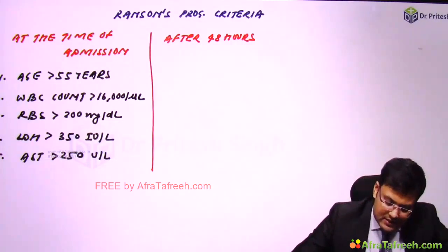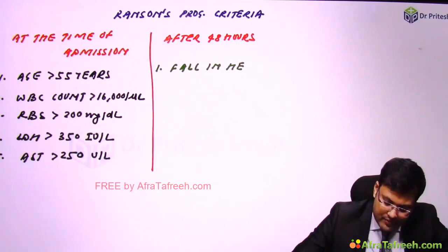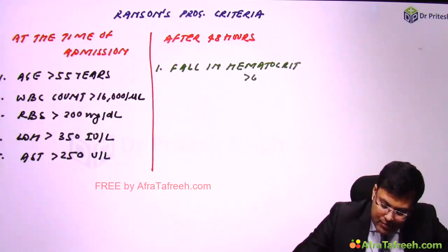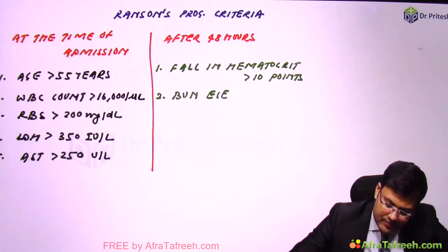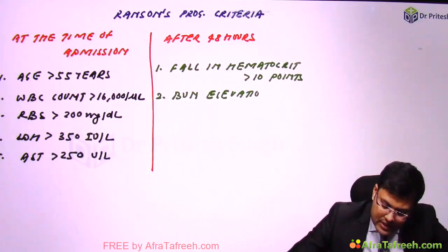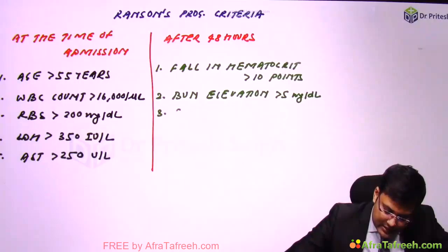Now after 48 hours, first, fall in hematocrit more than 10 points. Second, blood urea nitrogen elevation more than 5 milligram per deciliter. Third, serum calcium less than 8 milligram per deciliter.